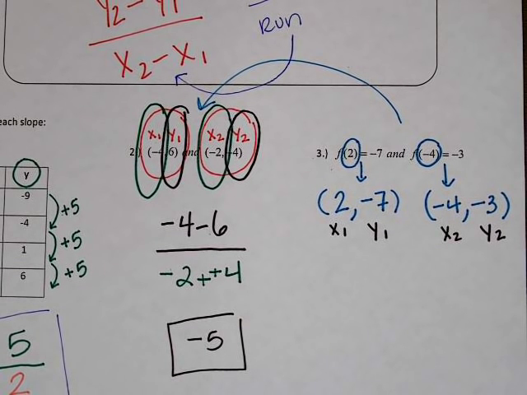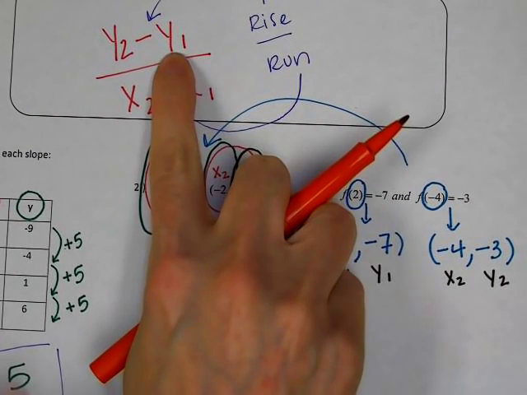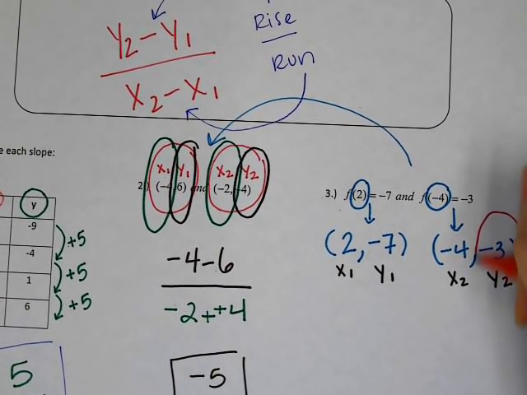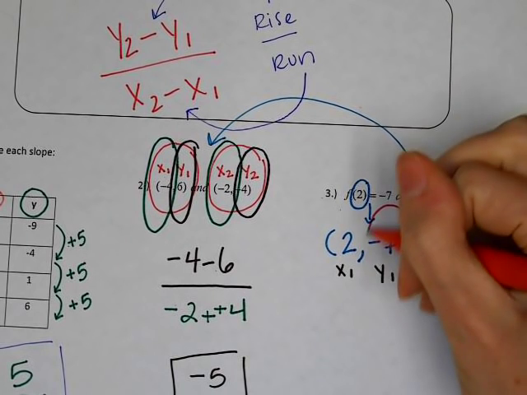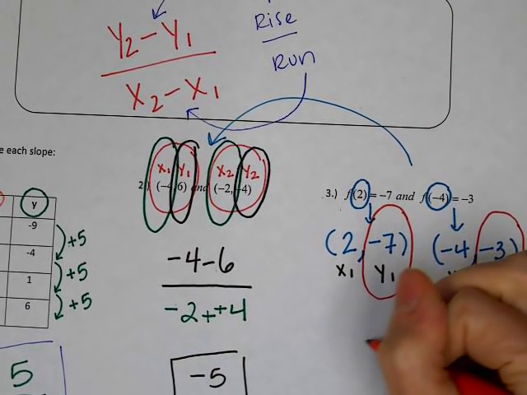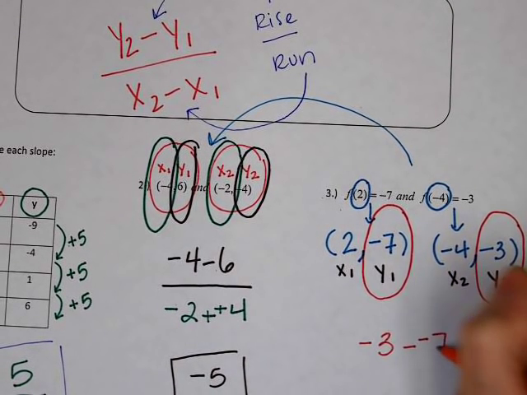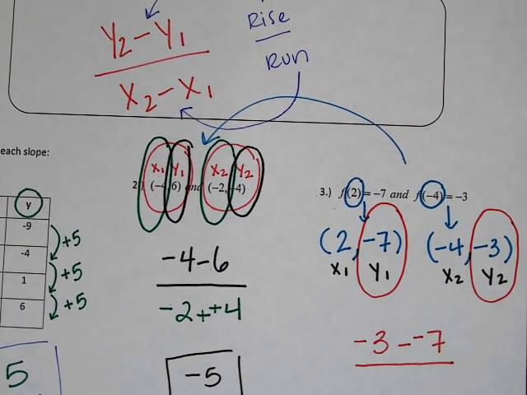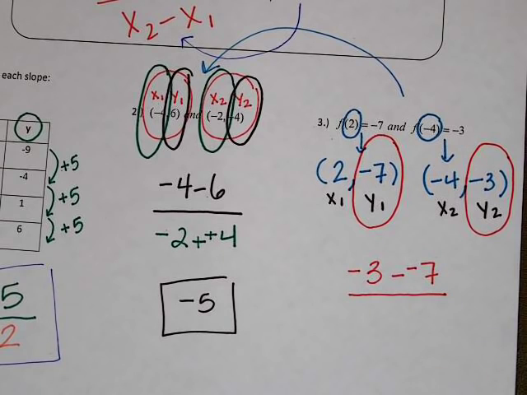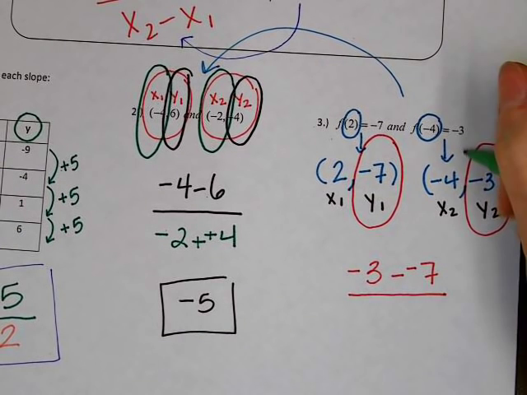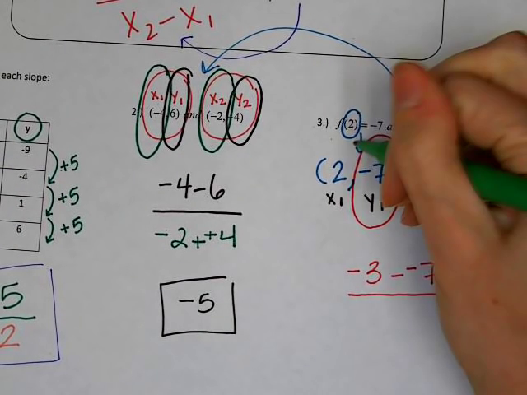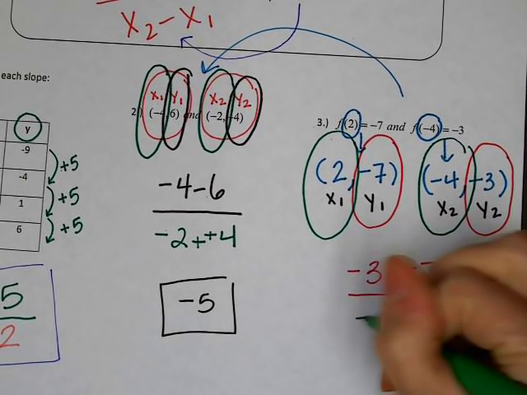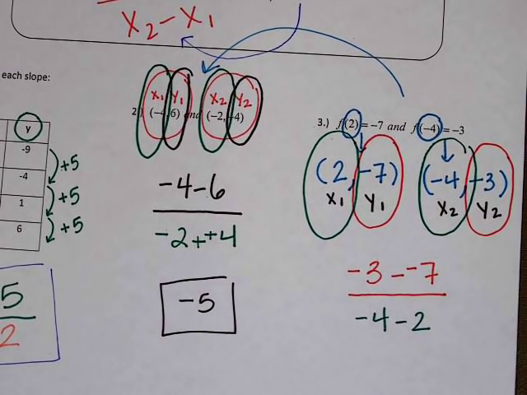And now let's just use our slope formula, y2 minus y1, so -3 minus a -7. That's our rise, the y's. And now let's do x2 minus x1, so that's -4 minus 2.